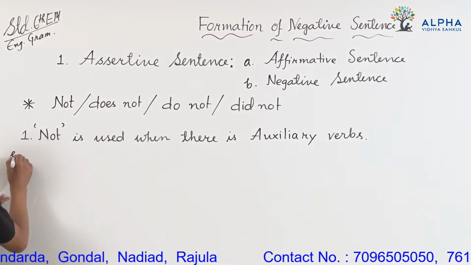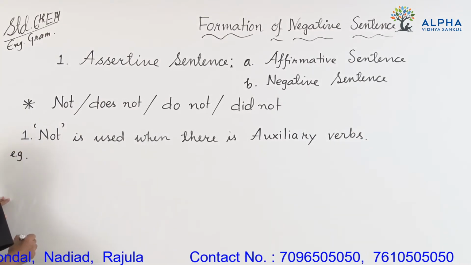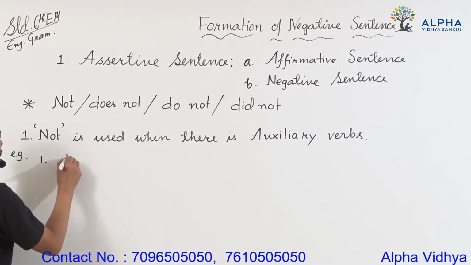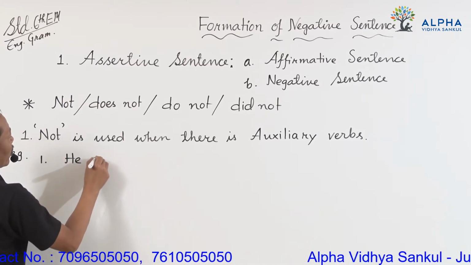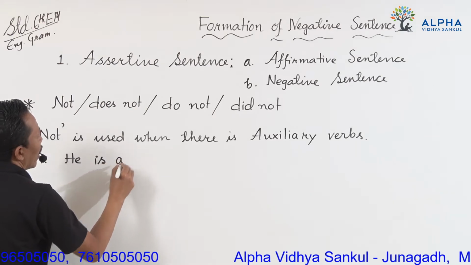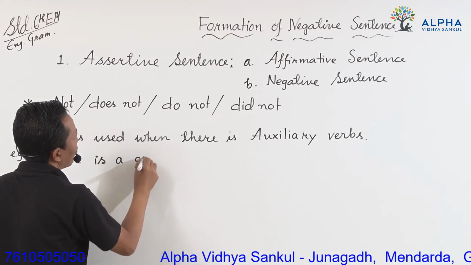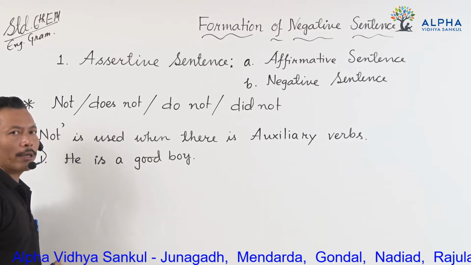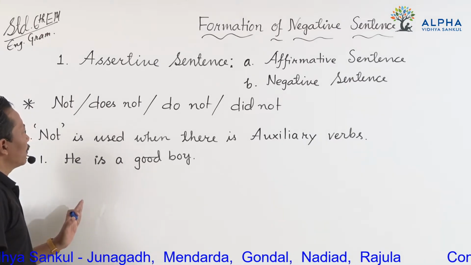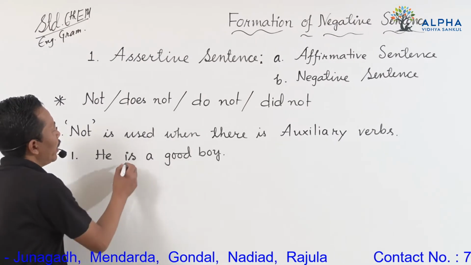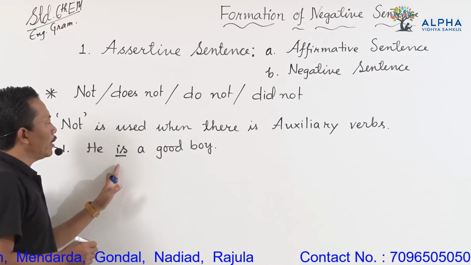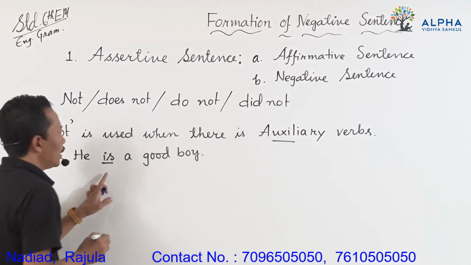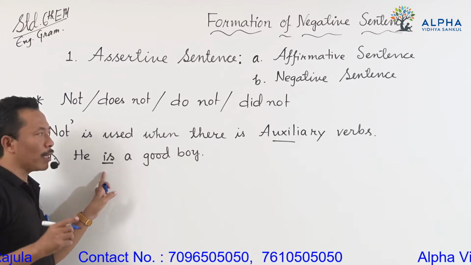Example 1. He is a good boy. Students, here, is is an auxiliary verb, but here it is used as a main verb, no problem. This is the be verb.